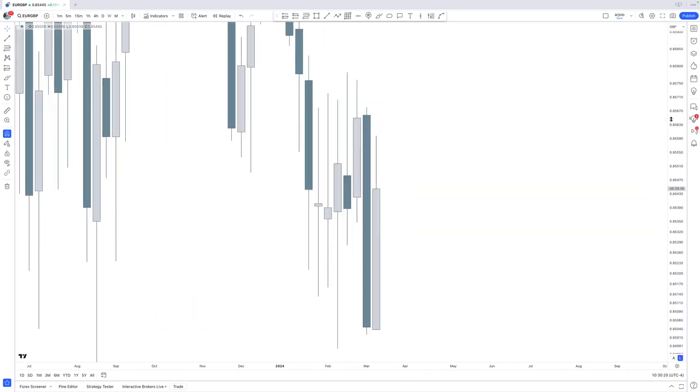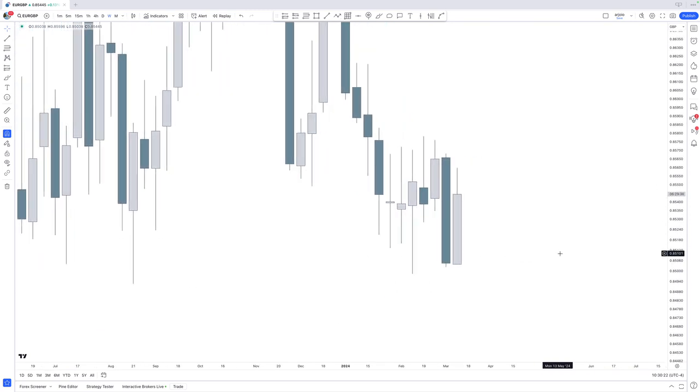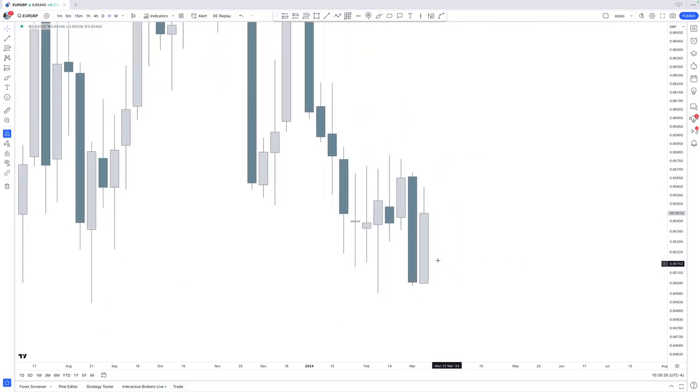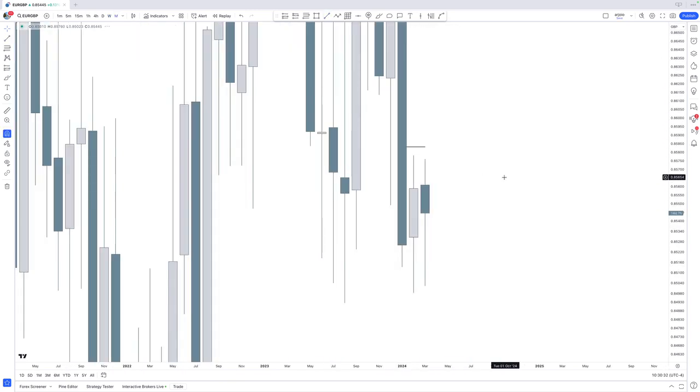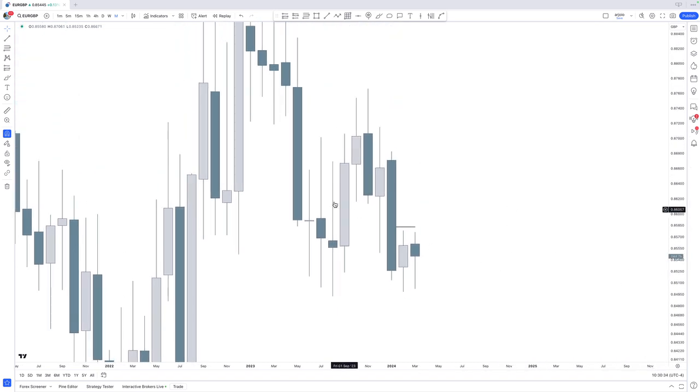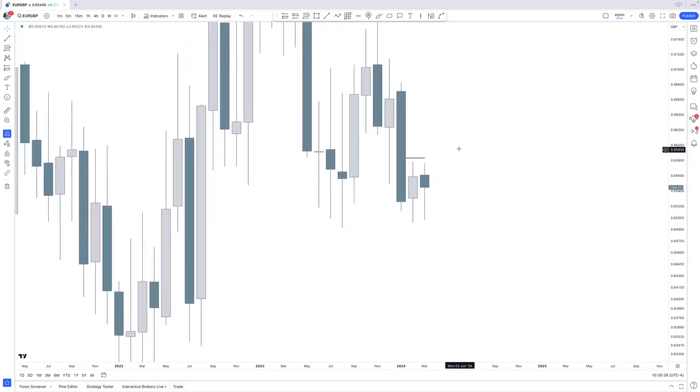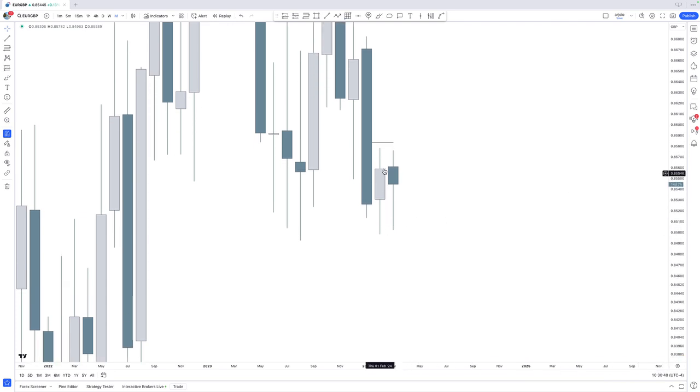If we take a look at the weekly, do we have a clear objective right here? We failed to take out that low right there. We also previously failed to take out those highs, failed to trade even into that fair value gap right there. On the monthly, we failed to even create a bullish or bearish monthly fair value gap on the monthly time frame right here. We're not trading into the previous month's low, previous month's high. So the arguments are not very strong to trade towards one side of the market.